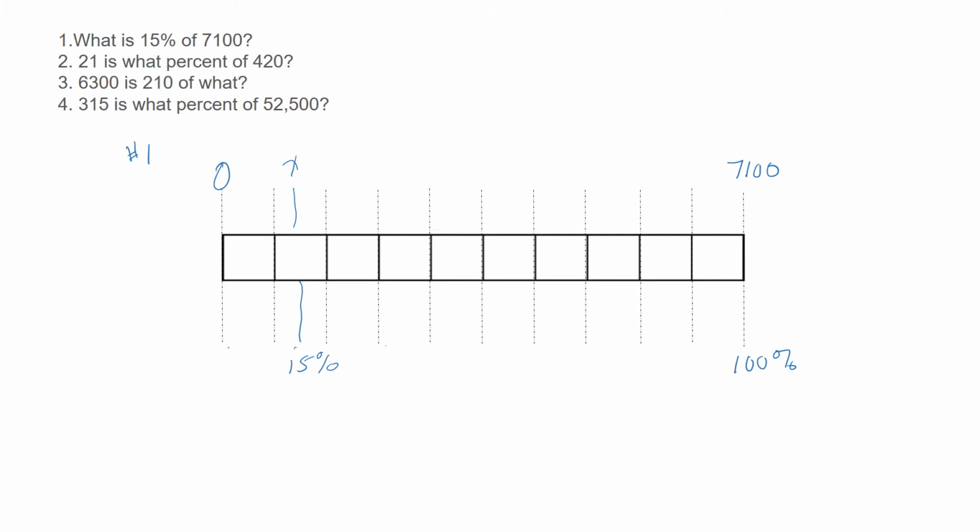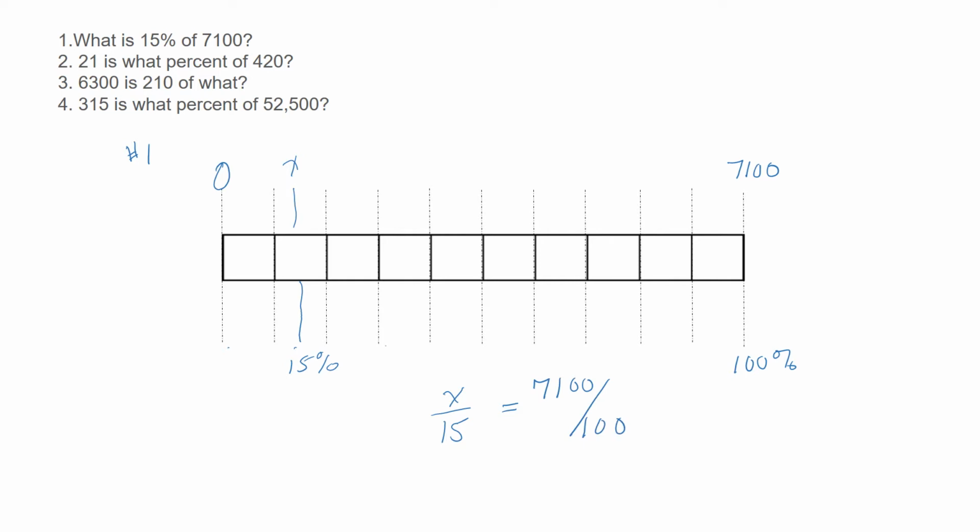So I can set up a proportion. I can use the percents, or I can use an equation, but I'm going to use the percents. So x out of 15% is the same thing as 7,100 out of 100%.